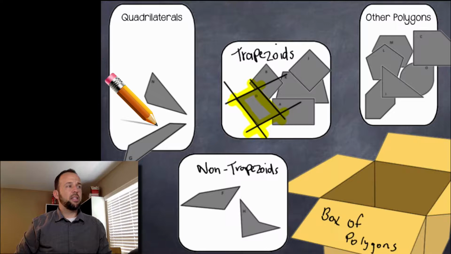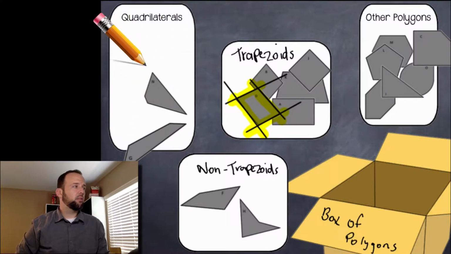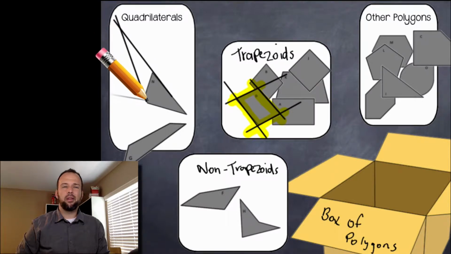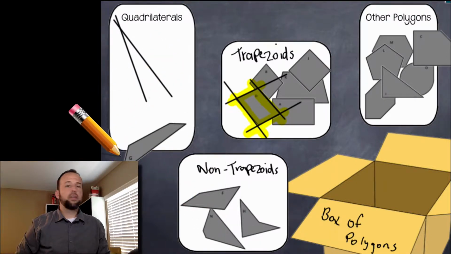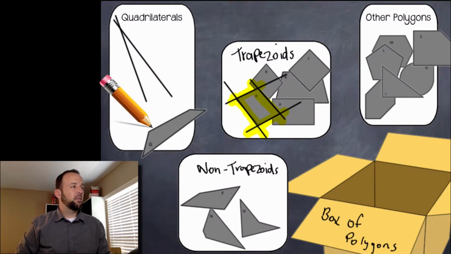But I wanted to take a look at these 2 trapezoids and just kind of draw some lines to make sure that we're seeing things right. So if I were to expand out this line here, and then along this line here, even though those looked close to being parallel, they're not parallel. So this guy, he's going to move down here. He's not a trapezoid. And then if I were to check this guy, to me these look pretty close to being parallel on this side here.